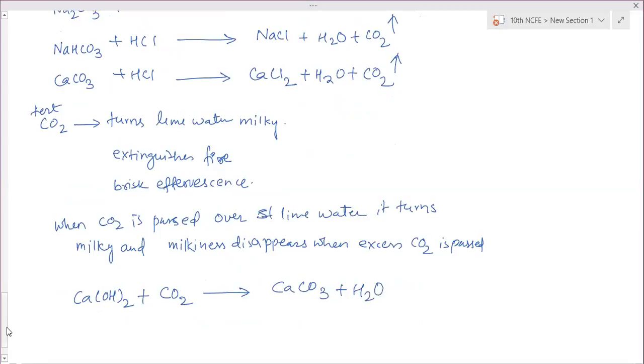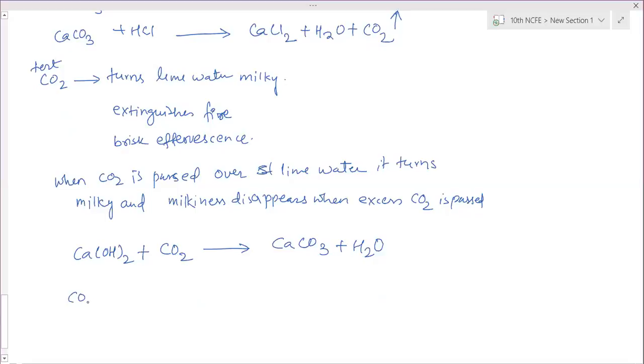Then if we keep on passing CO2, CO2 still combines with these products, CaCO3 plus H2O, and it forms Ca(HCO3)2. This solution is colorless. Therefore the milkiness disappears due to excess carbon dioxide being passed.